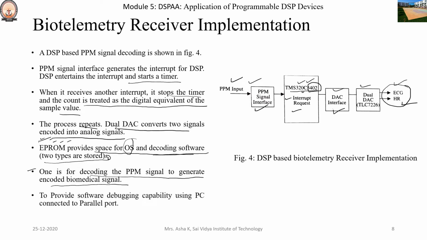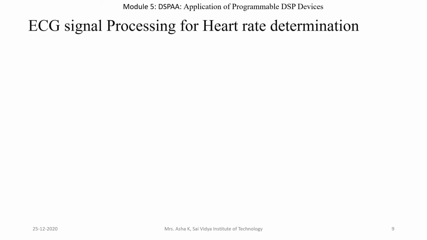And the second purpose of this EEPROM is to provide software debugging capability using the personal computer connected to the parallel port using the DSP starter kit. So this is the biotelemetry receiver implementation using the TMS320C5402 processor.